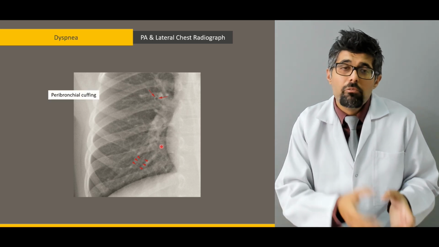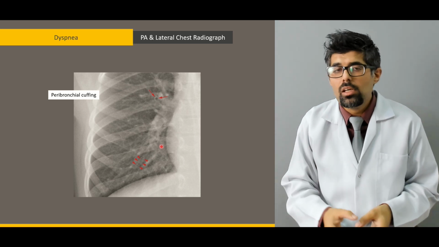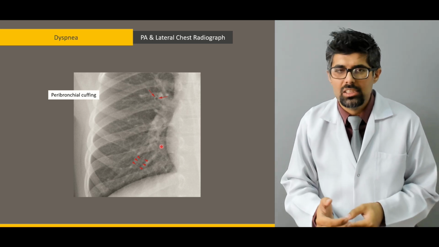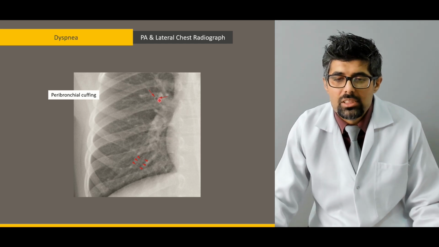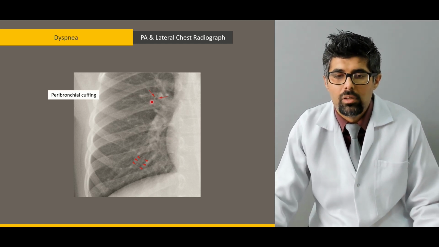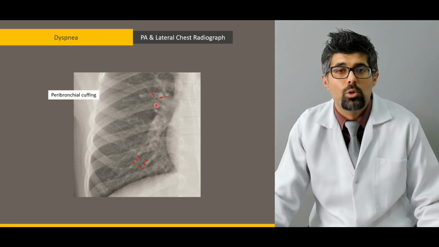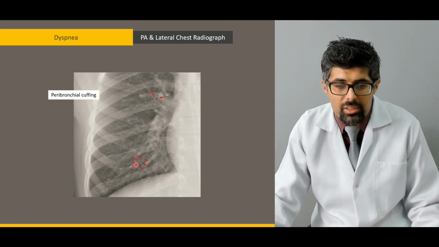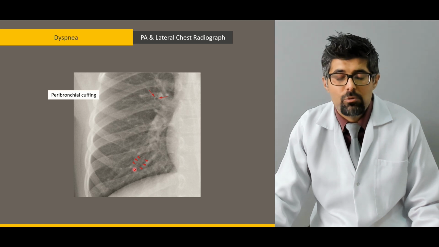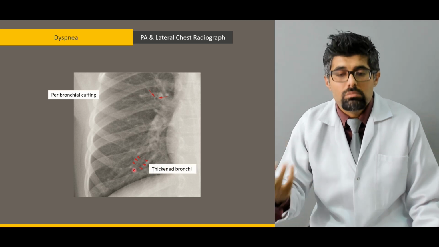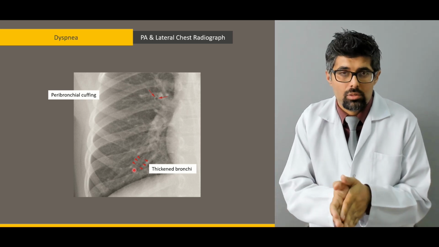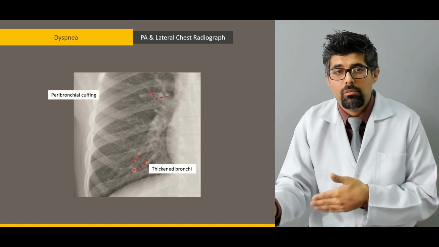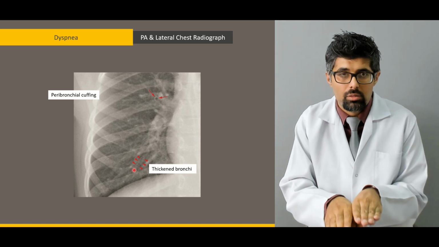In viral pneumonia, the thickening of bronchioles is not extensive, but it is still enough to cause this ring-like structure to appear, which is the lumen of the bronchiole. We also get these parallel lines, which are called tram tracks, which are due to the thickened bronchi, which lie closely together.